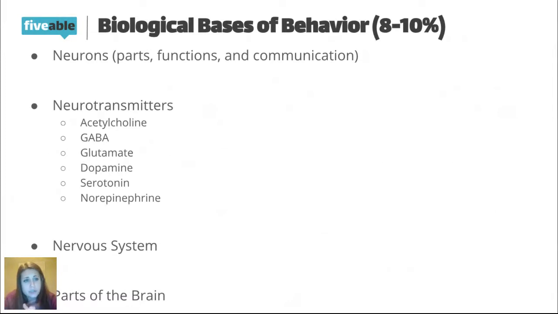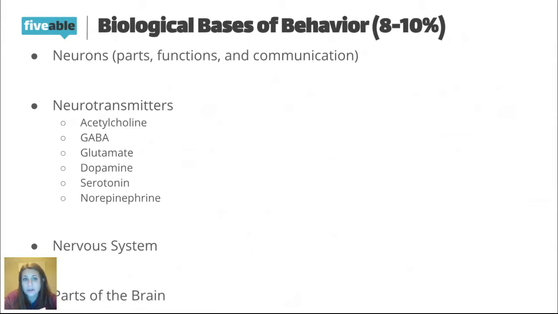So for sure, you need to review the neurons, specifically all the different parts of the neurons, the axons, the terminals, the myelin sheath, all of that stuff, what each thing does or functions as in the neuron, and then how a neuron communicates with other neurons, firing its neurotransmitters across the synapses, things like that.